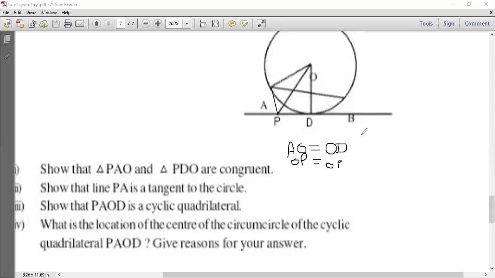AO equals OD, radius. Then OP equals OP, common side. Third one, angle AOP equals angle POD, as OP is the angle bisector.